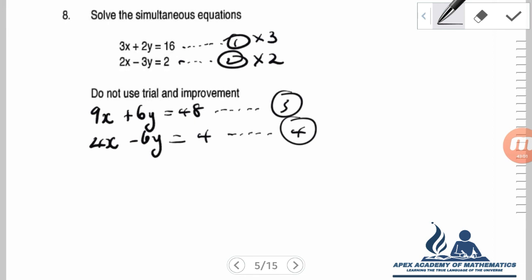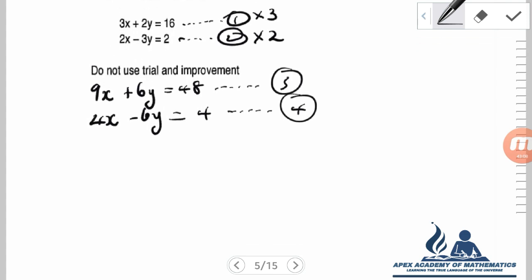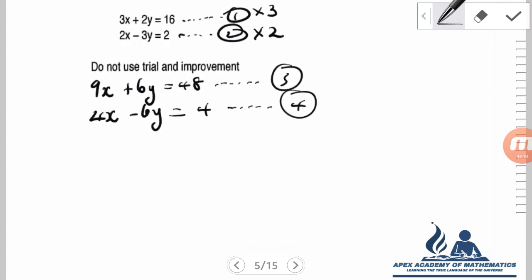Now let's check if the signs are the same or different. Well, if they are different, then we're obviously going to add to eliminate. So this time it's equation 3 plus equation 4, and that implies 9x plus 4x plus 6y plus negative 6y is equal to 48 plus 4.